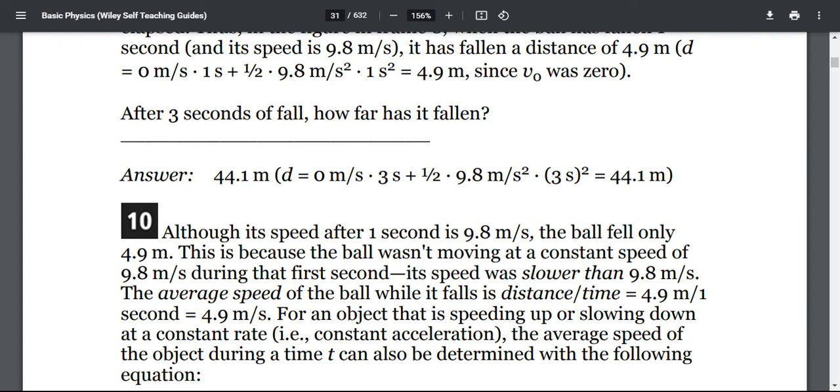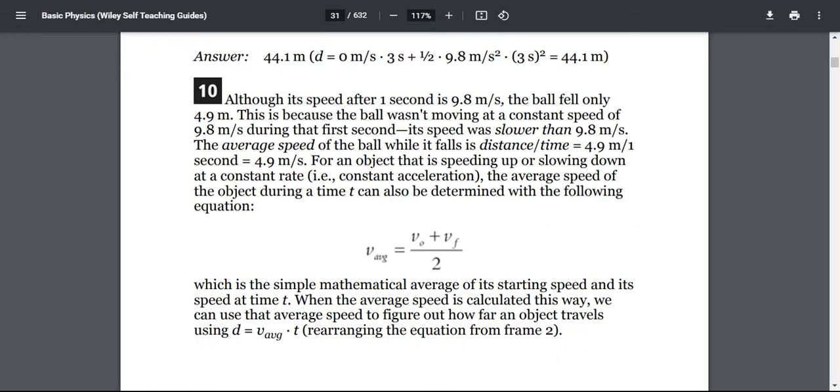Okay, this is interesting. For an object that is speeding up or slowing down at a constant rate, for example constant acceleration, the average speed of that object during a time t can also be determined with the equation V average equal to V0, the starting point, plus Vf, the ending point after time t has elapsed, upon 2.